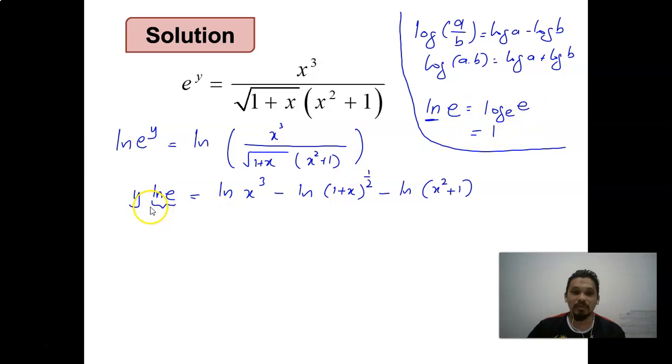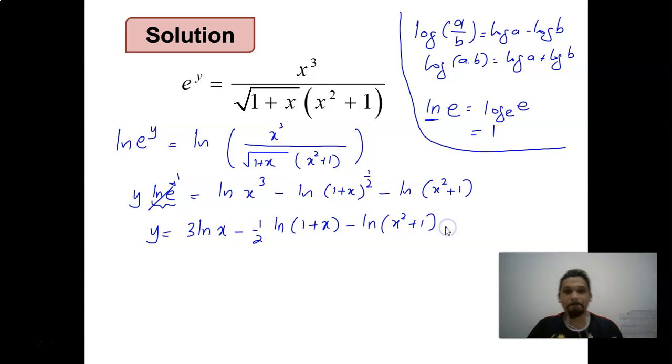So we come to the conclusion that ln e equals 1. Then y equals, using the log rule, bring these powers to the front: 3 natural log of x, minus 1 over 2 natural log of 1 plus x, and minus natural log of x squared plus 1.